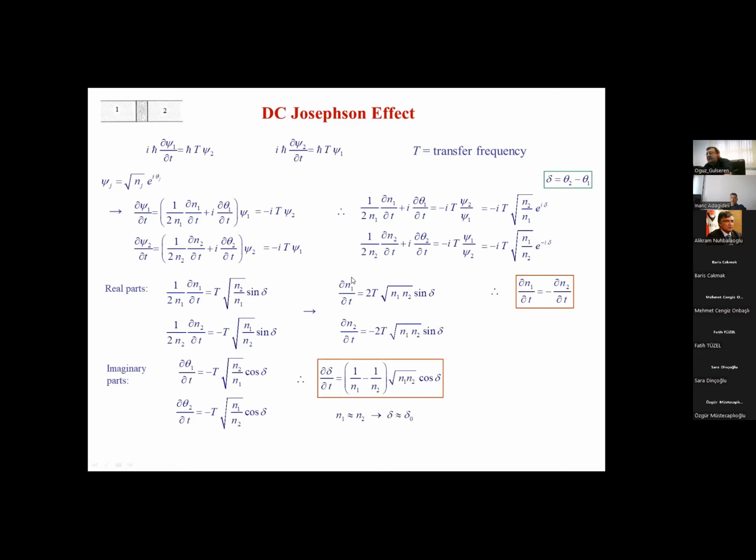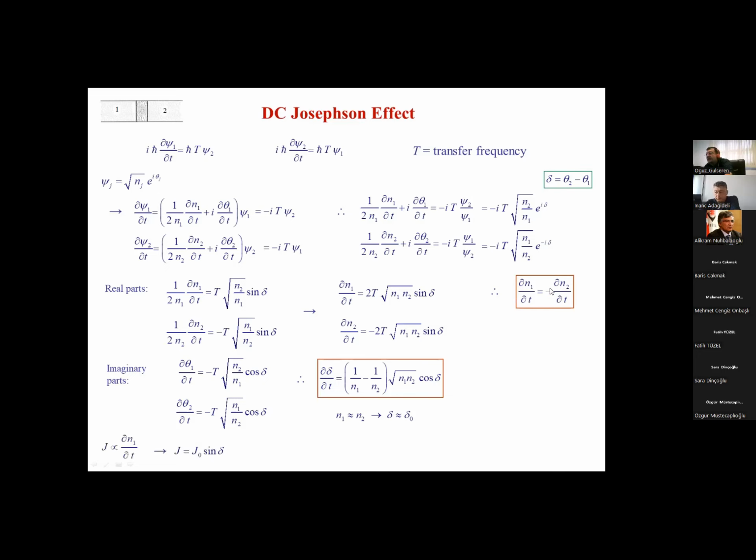Simply, if you look at this, n1 is the number density in the first part. So this is the change of that. If we count that, then we can write the current just in terms of that. And actually n1 and n2 changes should be opposite to each other, since it's going along one direction.